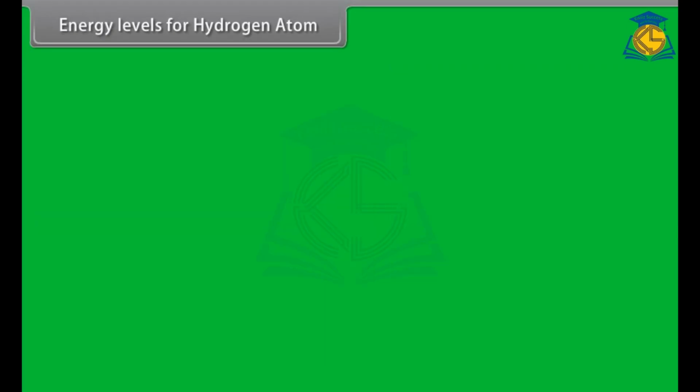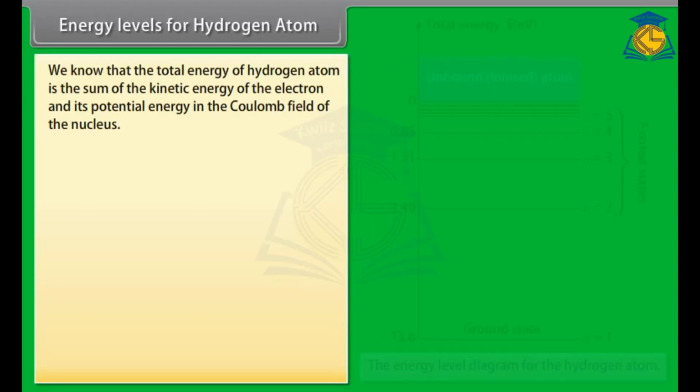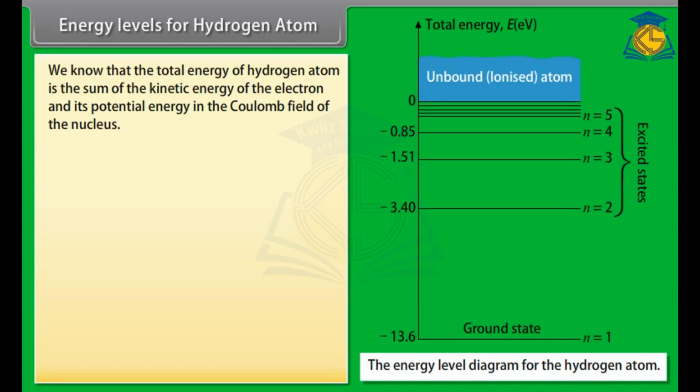Energy levels for hydrogen atom. We know that the total energy of the hydrogen atom is the sum of the kinetic energy of the electron and its potential energy in the Coulomb field of the nucleus. En equals minus e square upon 8 pi epsilon naught Rn.